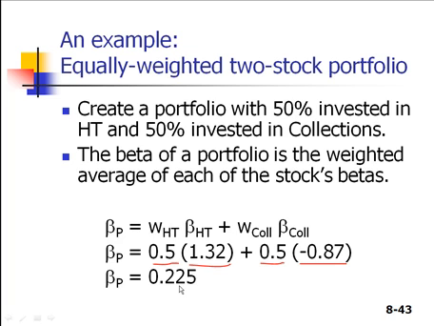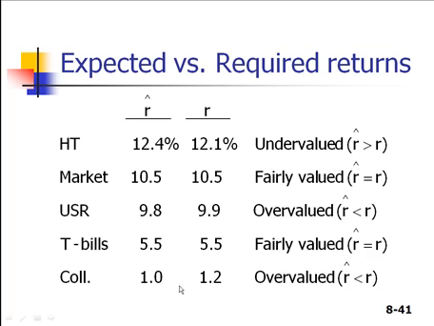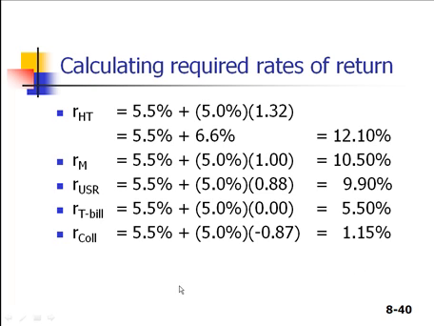So then, what do you think would be the required return on that portfolio? Two ways to get it. One way would be to take a weighted average of the required returns on the individual assets. I mean, we did calculate that earlier, right? On a previous slide, it was this one. We found the required return for the high-tech stock was 12.1%, and for the collection stock was 1.15%.